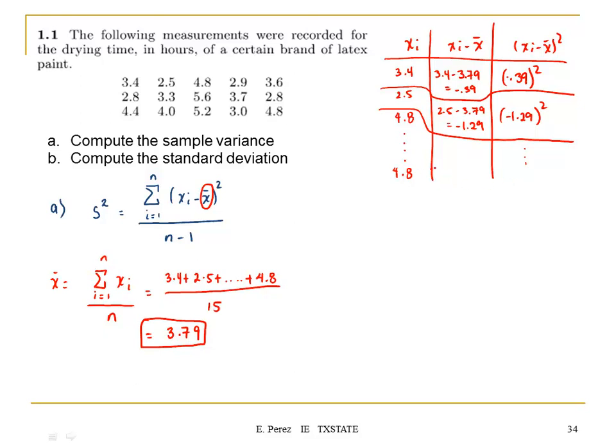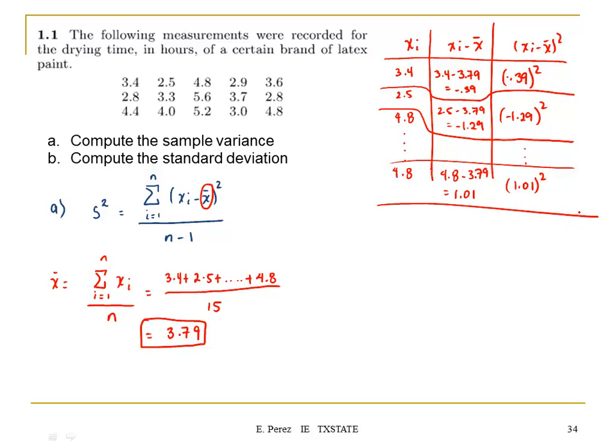So for this one, it will be 4.8 minus 3.79. So that is 1.01, and this will be 1.01 squared.